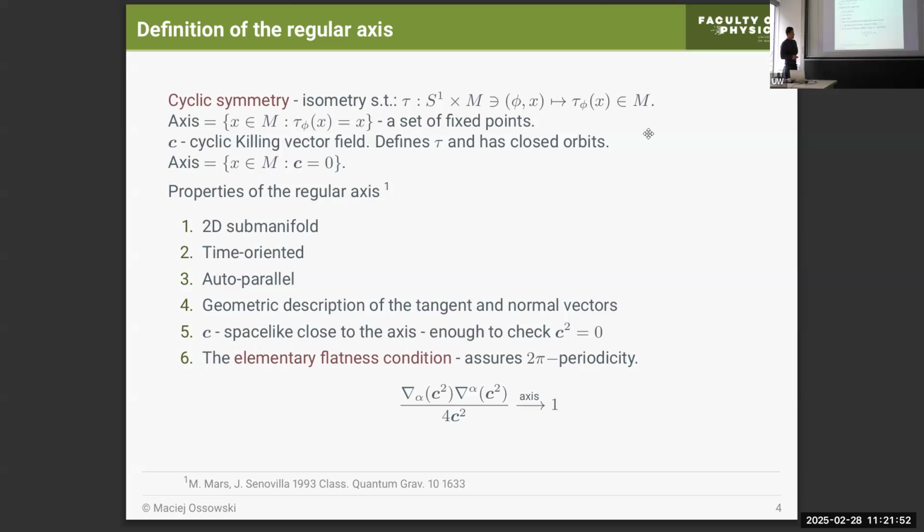For a regular axis, there's a number of quite nice properties which people have been studying in the last decades. Those are taken from a paper by Mars and Senovilla.